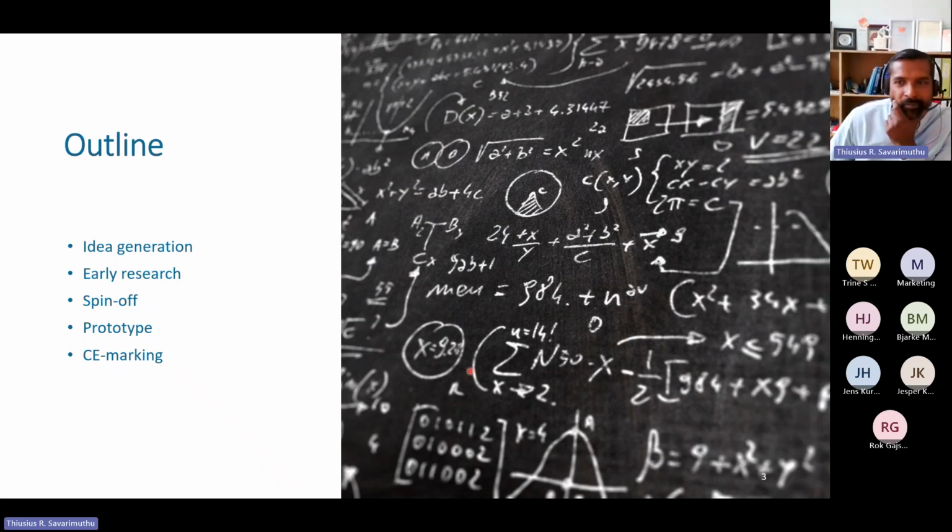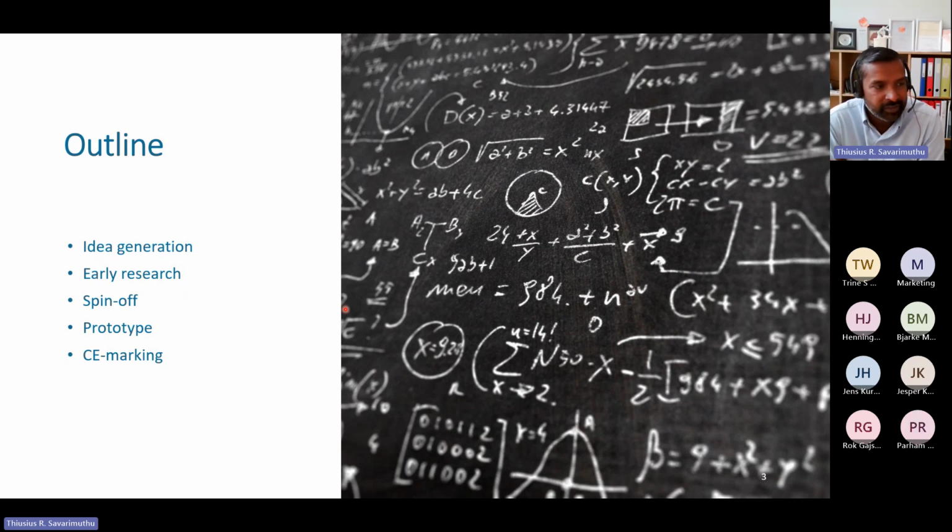Okay, so the outline of the talk is the following. We will start with the initial idea generation. I'll tell you a bit about how Søren and I came up with the idea, and what the initial aim was with the project. And then I'll take you through some of the steps that we did research-wise in order to have a good start on the project.